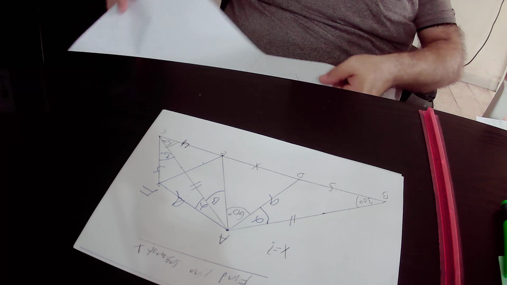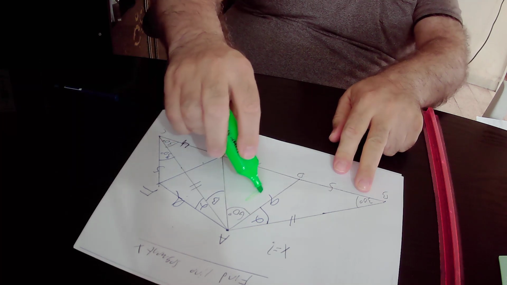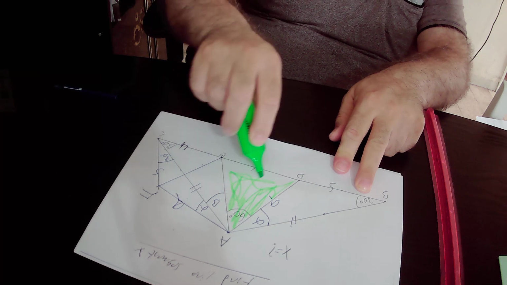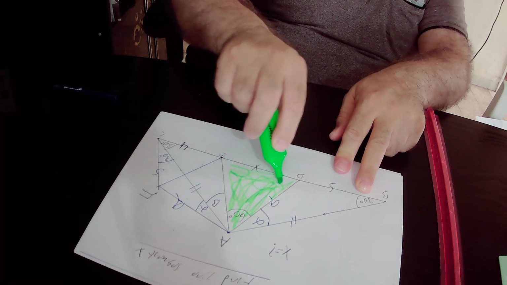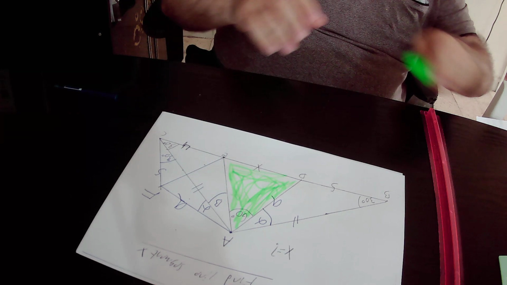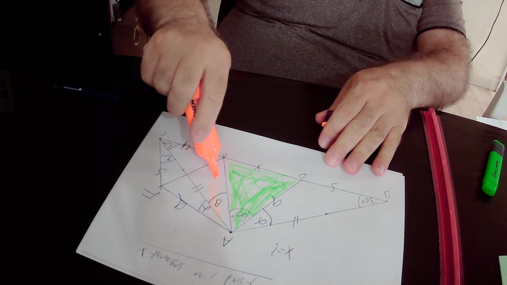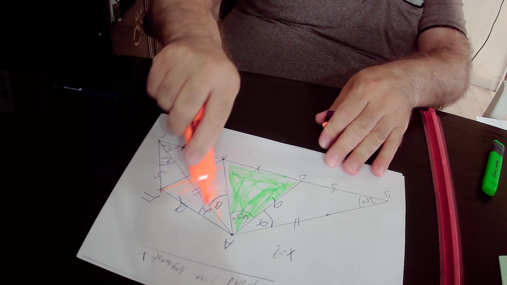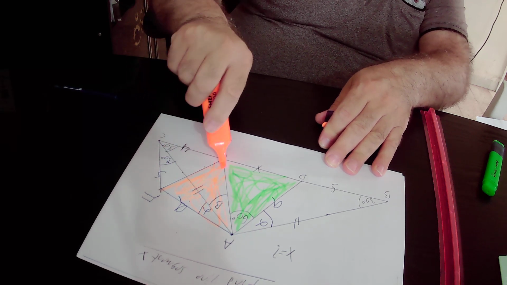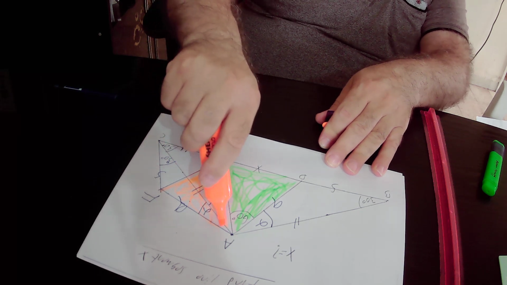And we'll prove that the green triangle ADE is congruent to the orange triangle, triangle AEF. We prove that the green triangle is congruent to the orange triangle.